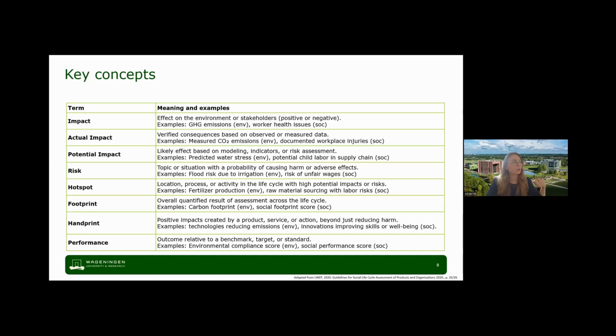So we do assess some actual impacts by collecting primary data from what we are studying. So let's say from a farmer, but there's also potential impacts if we use modeling, or future projections, there might be certain risks we might see, which do not have to occur, but there's sometimes a higher risk in a certain region or a certain part of the value chain. Hotspots are the part with high potential risk or impact in the value chain.